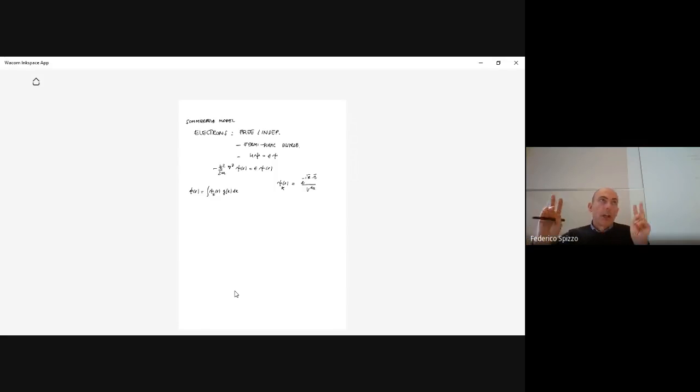This electron will be localized always in the sense that we are not able to produce a point particle. So we may not know exactly with infinite precision the position of the electron. So there will be some uncertainty in localizing the electron. But I anticipate something that we will use later.